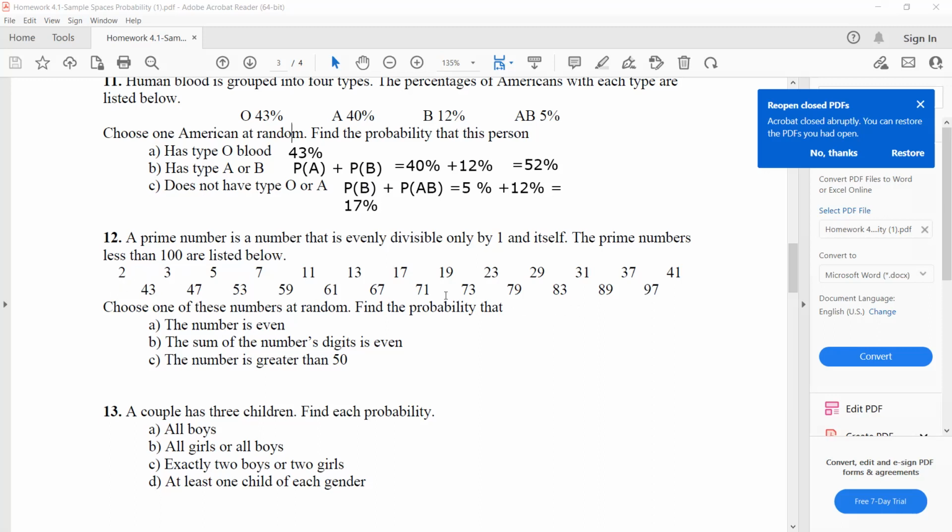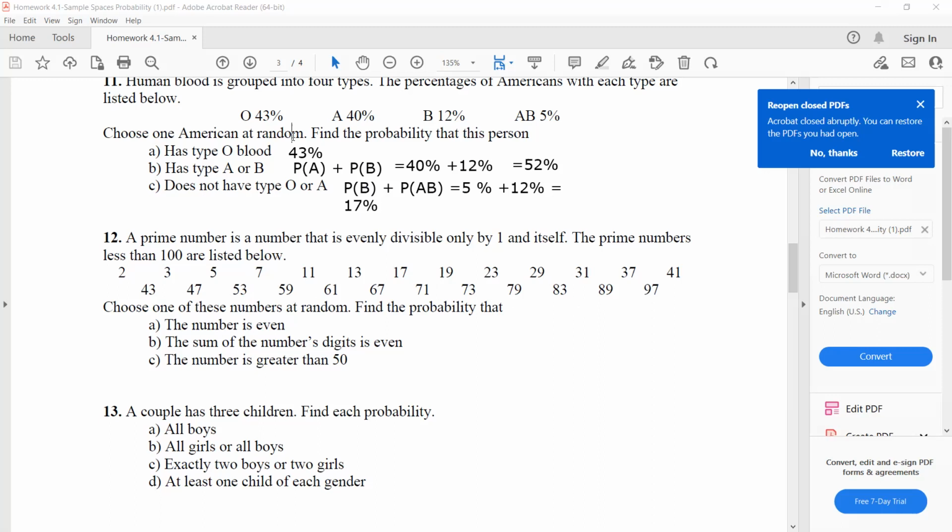Choose one of these numbers at random. Notice they didn't tell you how many numbers there are, so you'll have to count it. Find the probability that the number is even. Figure out how many numbers are on there first before you do anything.